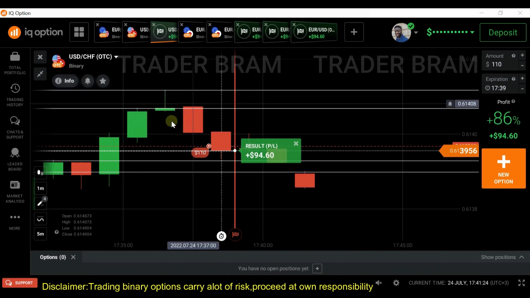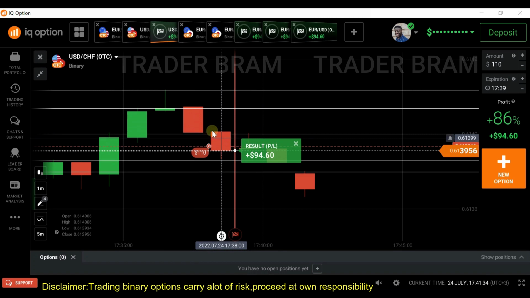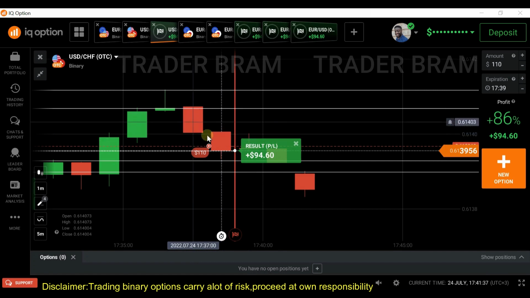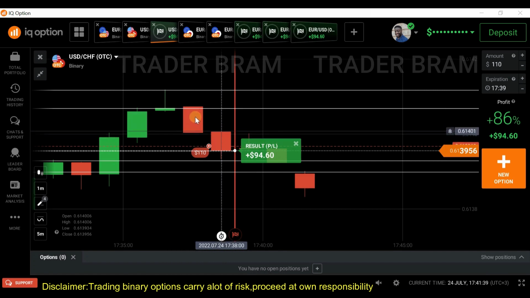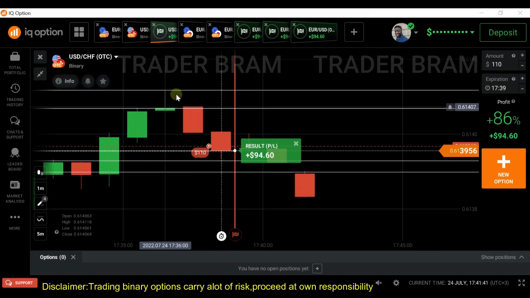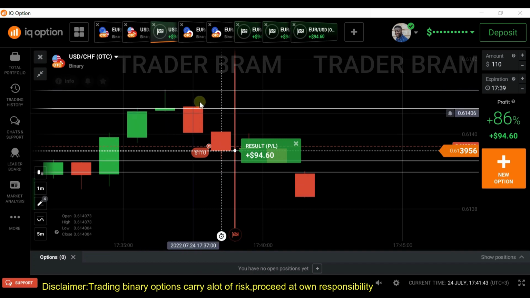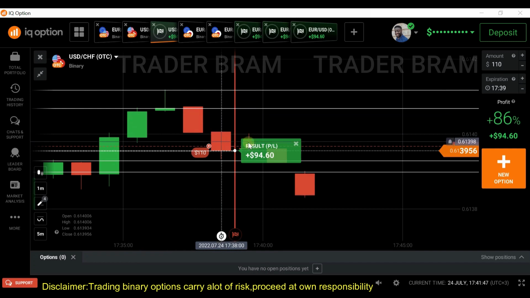Again, it was followed by a very weak bullish candle, which was followed by a bearish Marubozu candle. This shows you that the market will continue moving more down. There are no signs of bias in this candle, so I expected the market to move more down, but I could not enter on this candle because I wanted a confirmation candle, of which I got this bearish candle. That's why I did a put option on that trade.